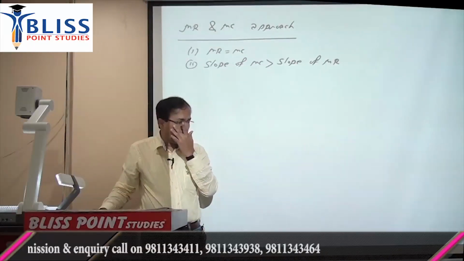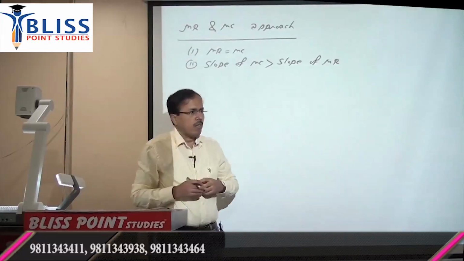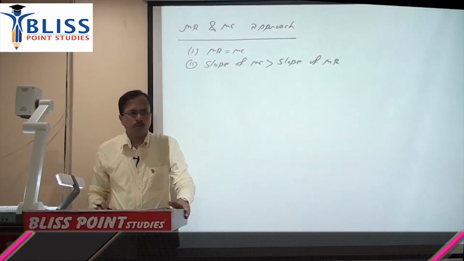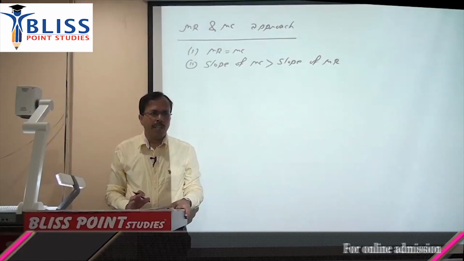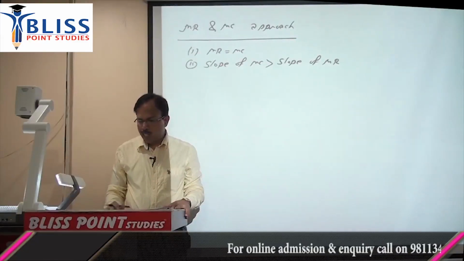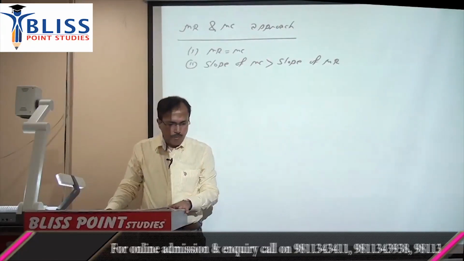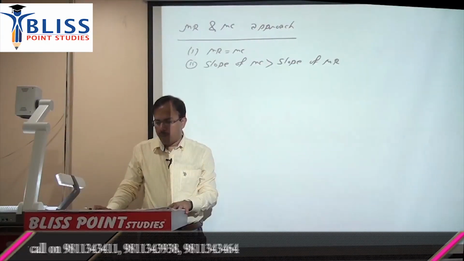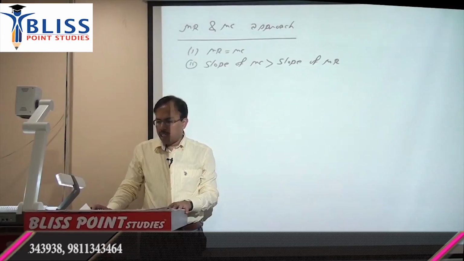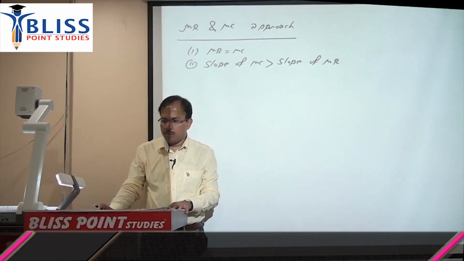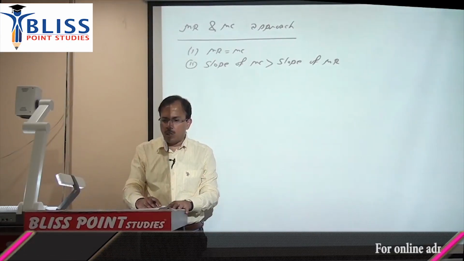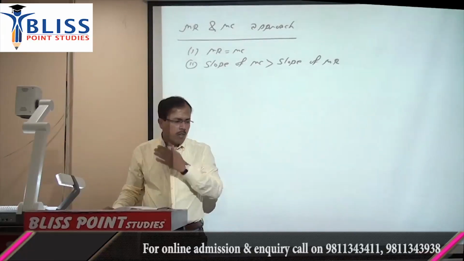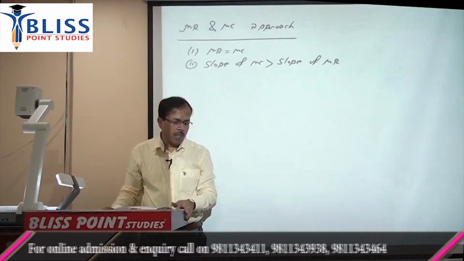The firm will be in equilibrium at the level of output defined by the intersection of MR and MC.